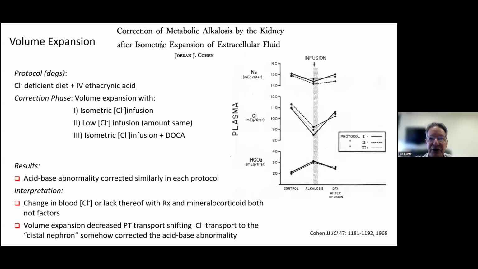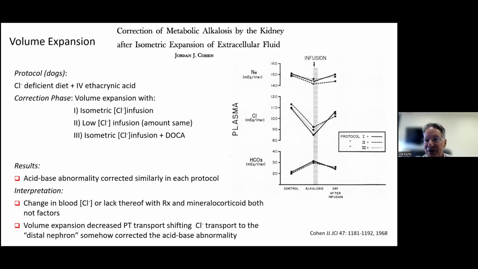Okay, so here's another paper where they tried to look at the chloride in more detail and volume expansion. They corrected the metabolic alkalosis with what they called isometric expansion of fluid. This was in dogs. They gave them ethacrynic acid and a chloride deficient diet, and they gave 3 types of IVs. One was an isometric chloride infusion.